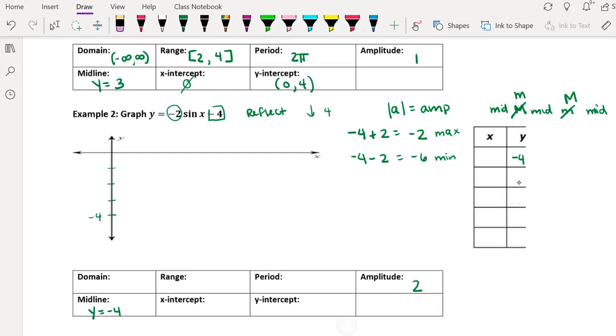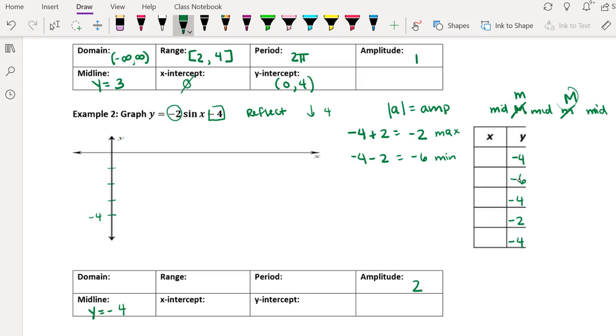Mid, I start at negative 4. Then I go to a minimum, so I go to negative 6. Then I go to a mid, negative 4. Then a max, negative 2. Then a mid, negative 4.